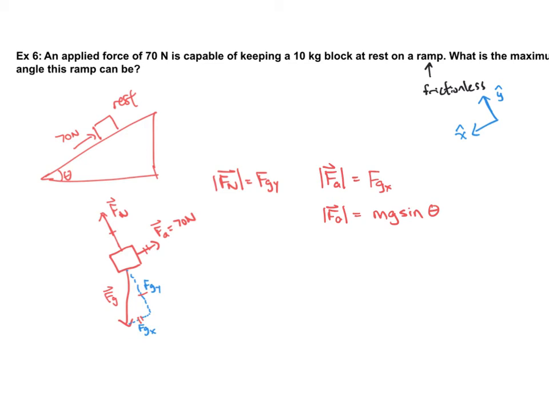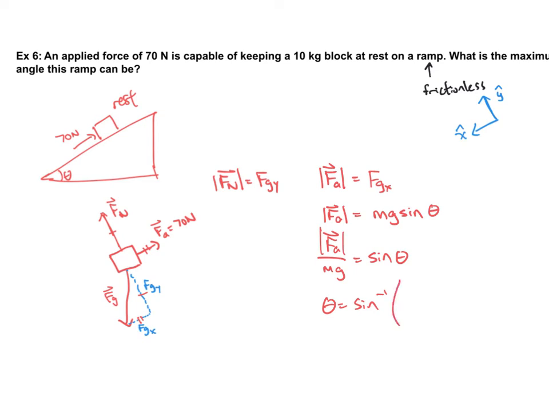But this is how I'm going to solve for the angle, because I know the mass, I know the value of g, I know the applied force. So I've got everything here that I need to solve for sine of theta. So I'll divide both sides by mg first. And then theta is going to be the inverse sine of that fraction there.